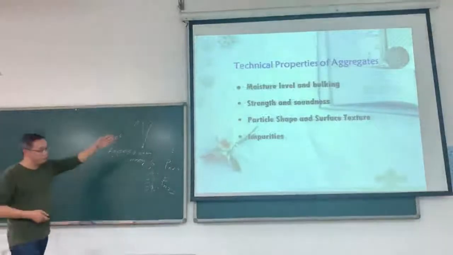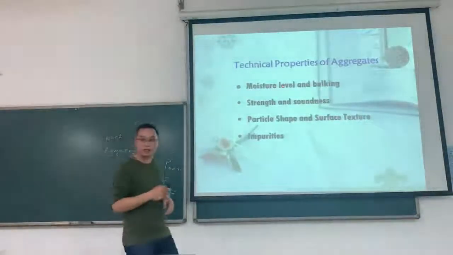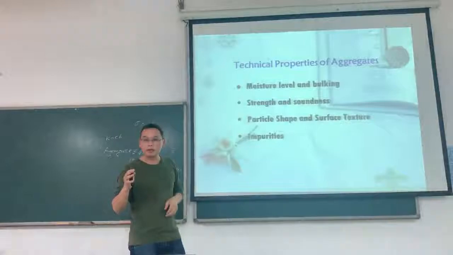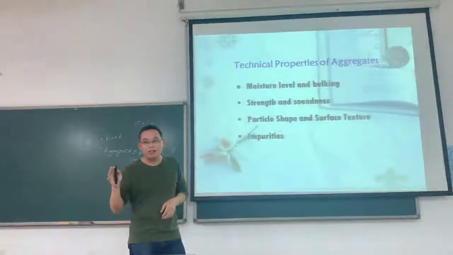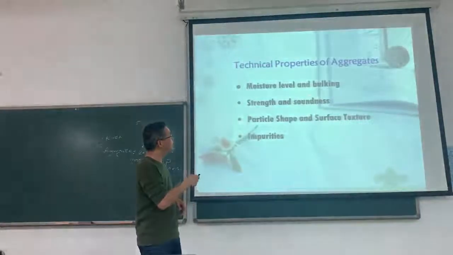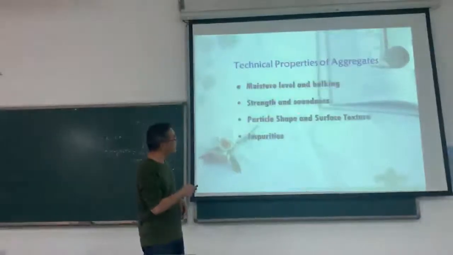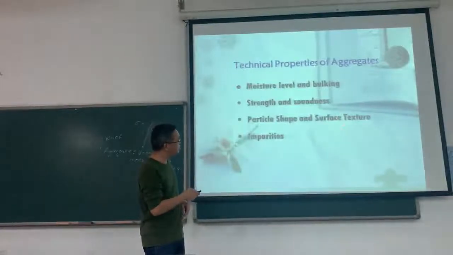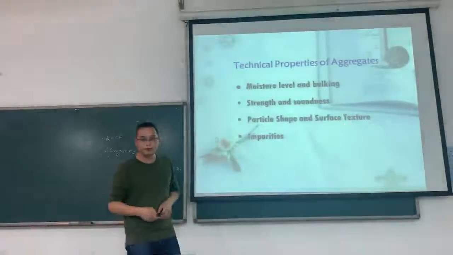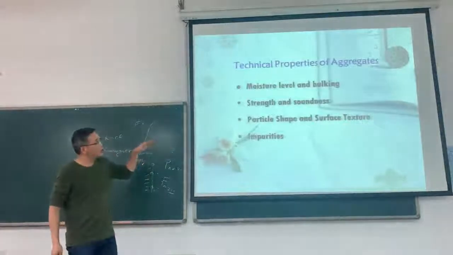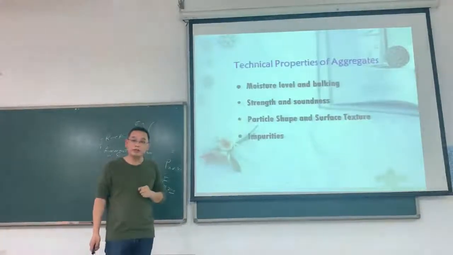Okay, for the technical properties of the aggregates, maybe we need to know the moisture level, strength and softness, particle shape and surface texture, and impurities. The first thing we need to know is the moisture level.